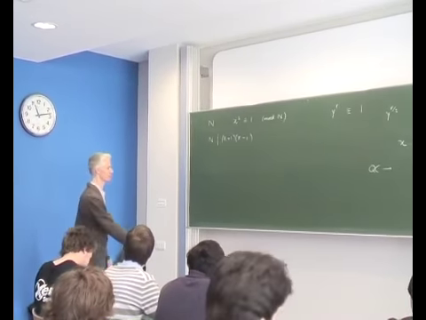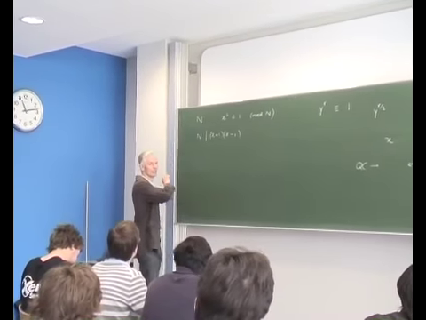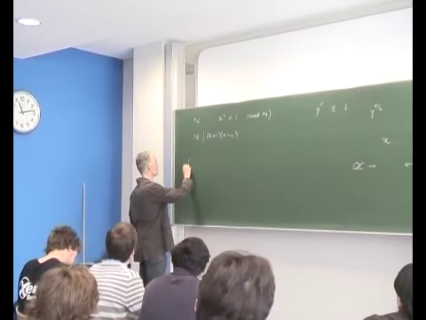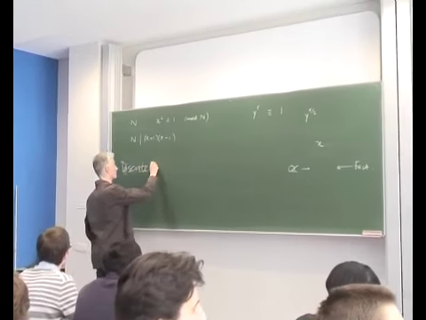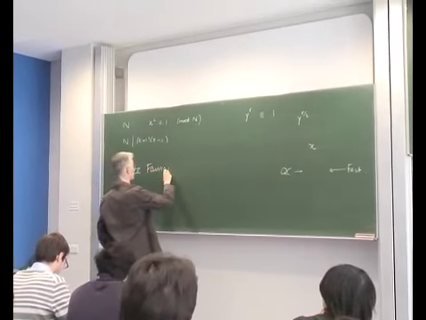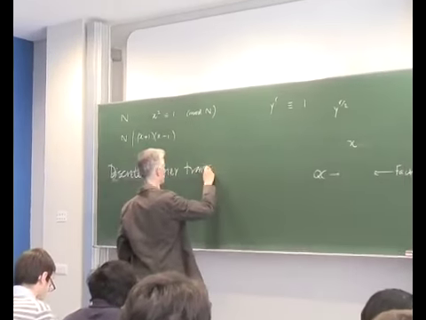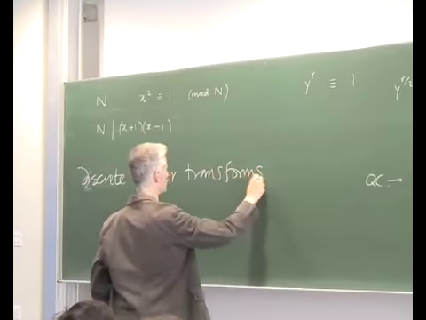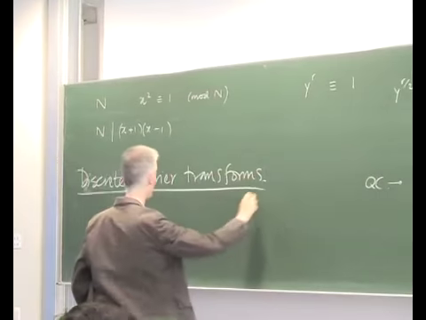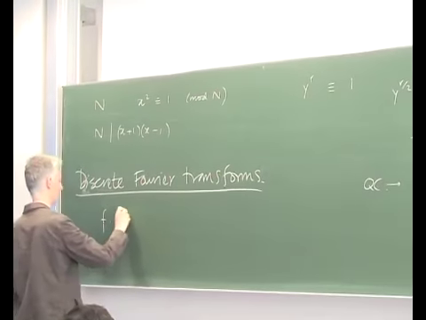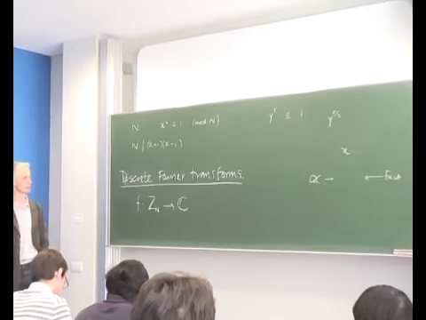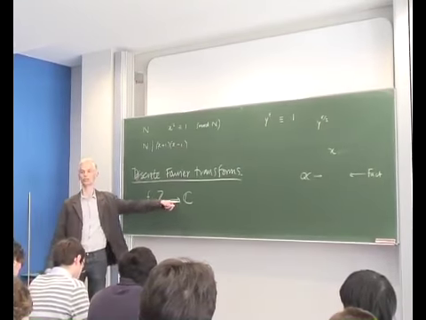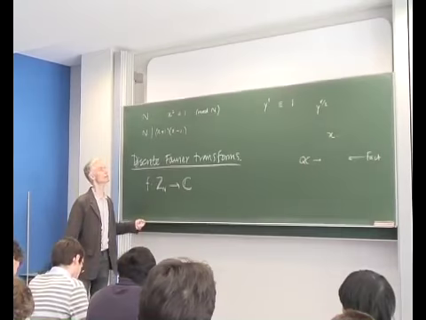So supposing I've got a function from the group of integers mod n to the complex numbers.